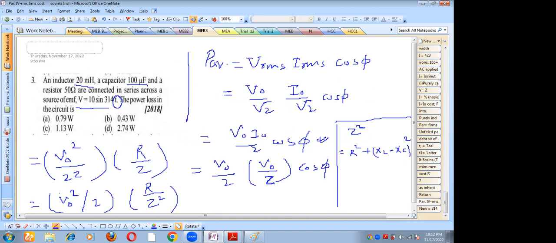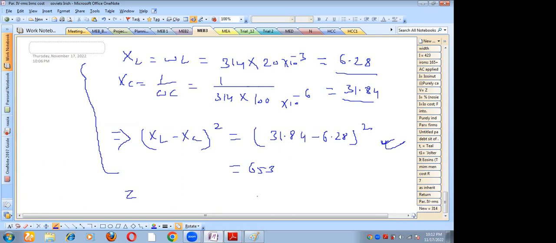V naught square by 2, R by Z square. Now, we got Z square as R square plus this. This we got 653. What is R square?